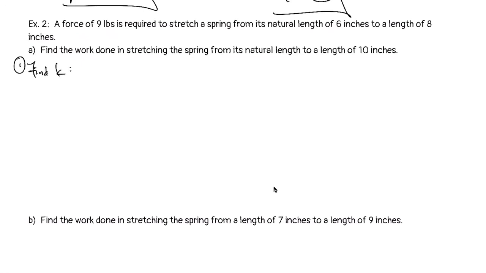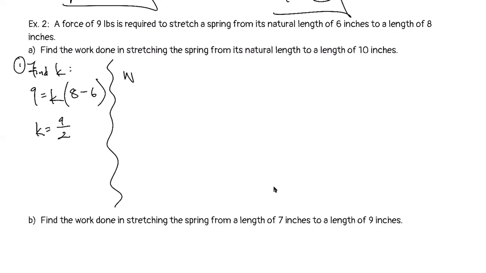I know that the force was 9 pounds, and that is the spring constant times how far it's stretched, from a natural length of 6 to 8. And so we find our spring constant here to be 9 halves. We can use this for both part A and part B.